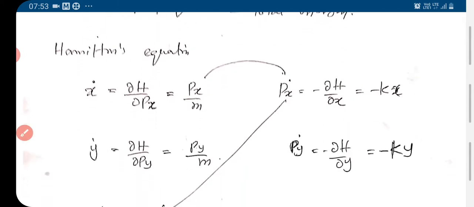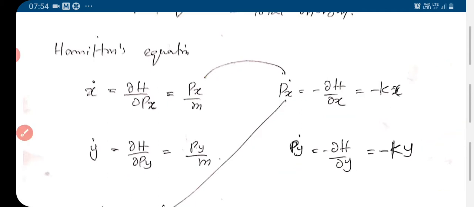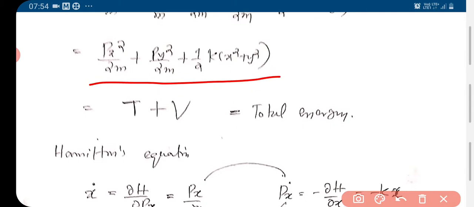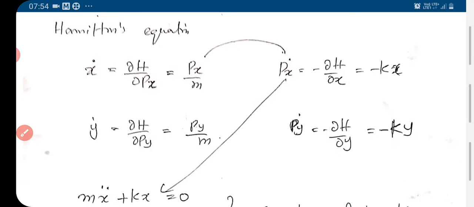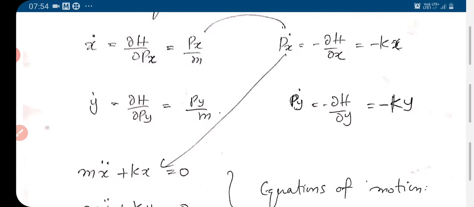So for Hamilton's equations, x dot is dou H dou px, that is px by m, and px dot is minus dou H dou x, which is minus k x. Y dot is dou H dou py, which is py by m, and py dot is minus dou H dou y, minus k y. This is so straightforward; you can obtain it just by partially differentiating with respect to px, py, x, and y.